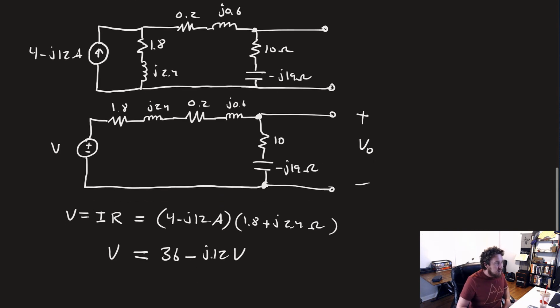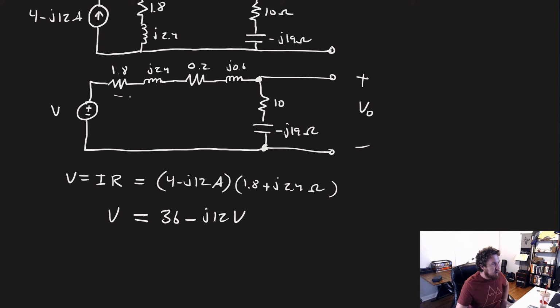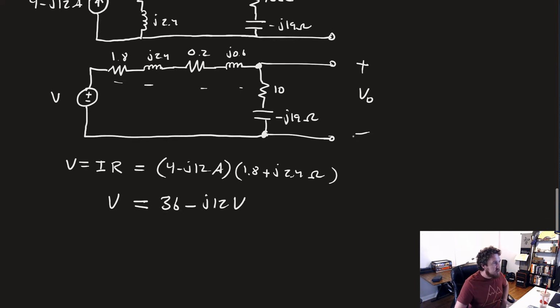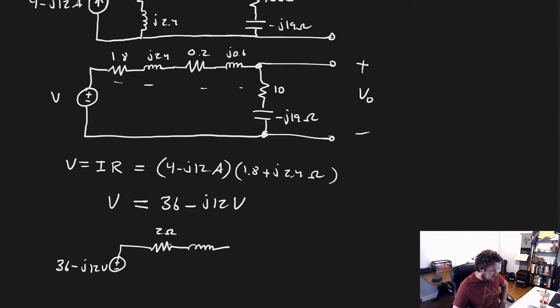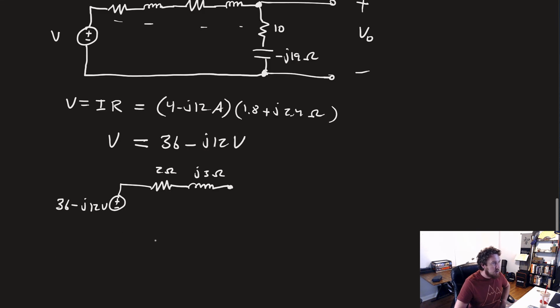So we can go ahead and draw one more circuit. We can combine our series impedances there. We're going to have just one voltage source, 36 minus j12 volts, connected to 1.8 plus 0.2, which is just 2 ohms, and 2.4 plus 0.6, which gets us j3 ohms.